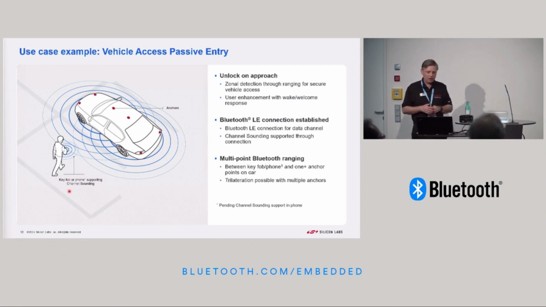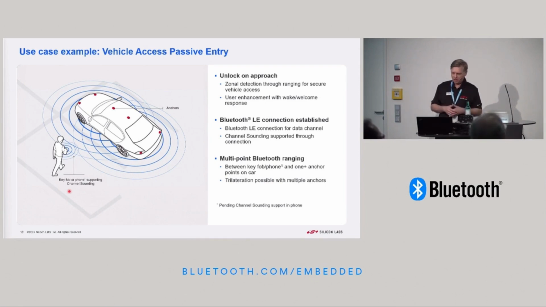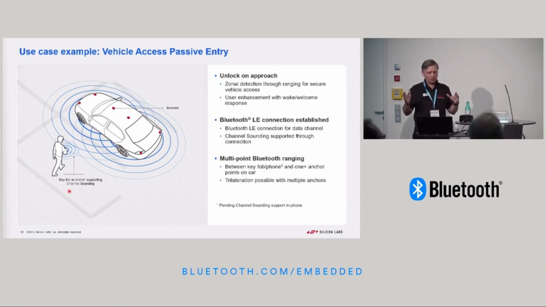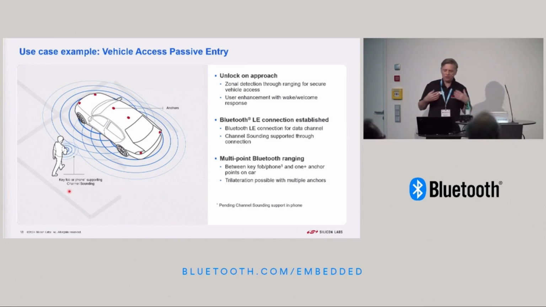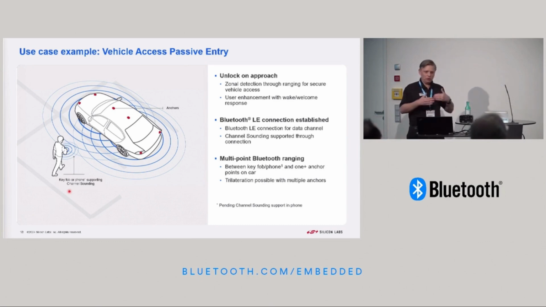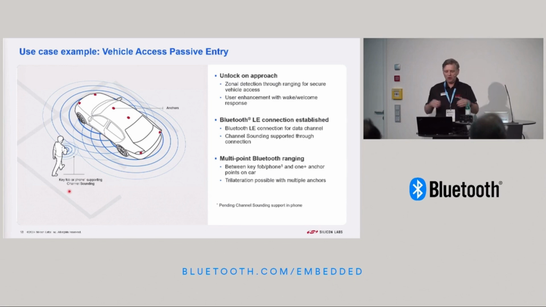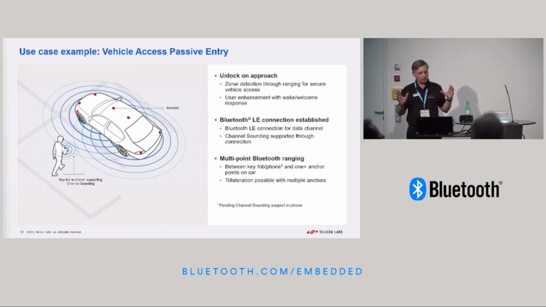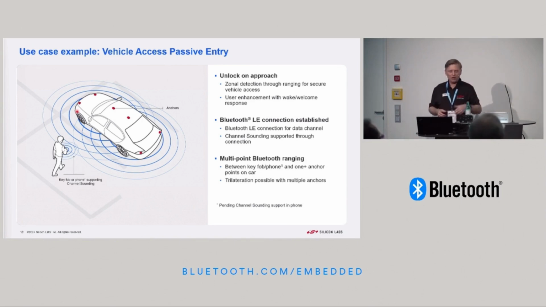Okay, another use case example, and I mentioned this broadly, is the zonal detection you can use for passive entry, passive start. So this would be vehicle access when you have a key fob or a phone left in your pocket, and as you approach, you cross certain thresholds based on one or more stationary access points, anchor points in a car, and using this zonal detection, you can unlock a car, after authentication happens, right?